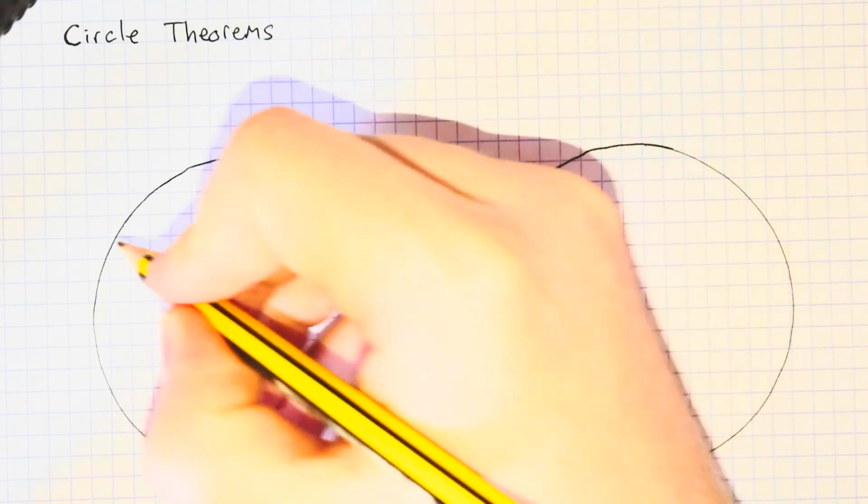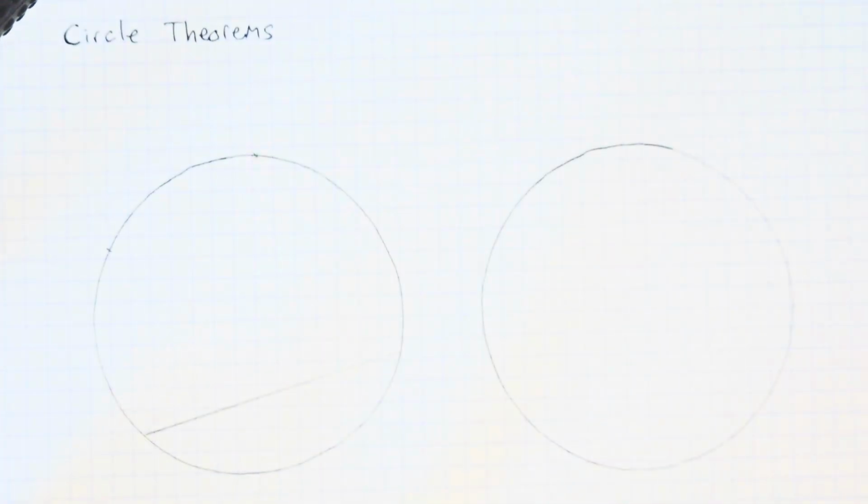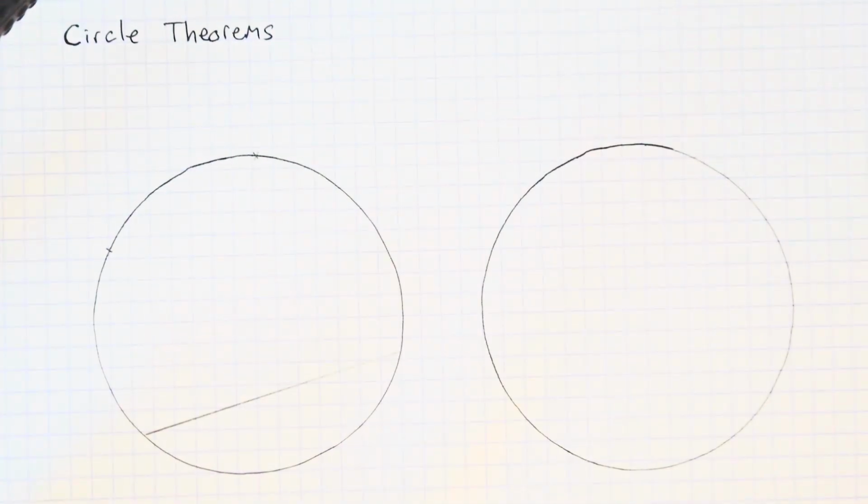So for example, I might choose that point there and that point there. They're both on the same side, they're both above the chord. Don't choose one above and one below. You can choose both below if you like, that's fine, but don't choose one above and one below. They must be on the same side of the chord.